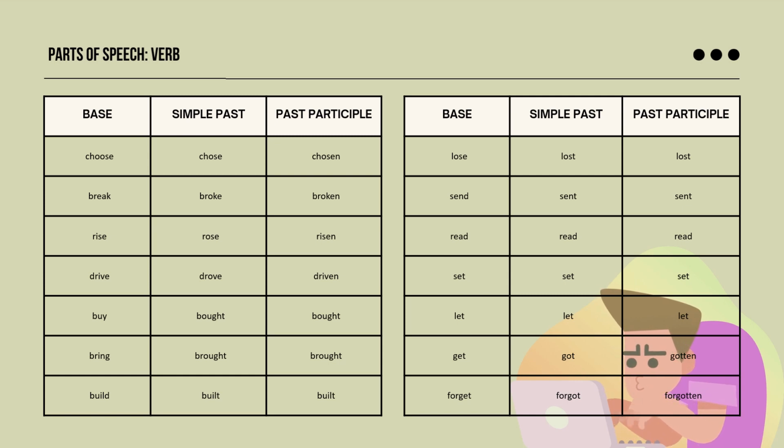Always remember that when the verb is in its past participle, it really changes the whole word. We do not just add es or change y to i or something. The word really changes. We have here choose, simple past chose, becomes chosen. Break, broke, broken.